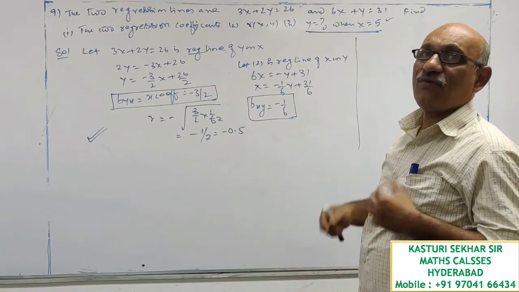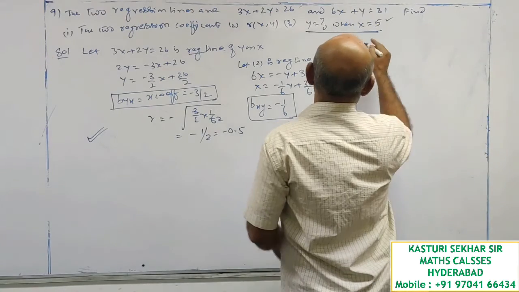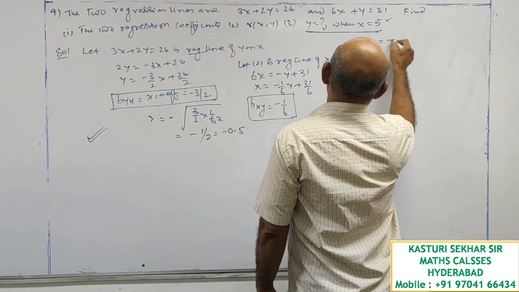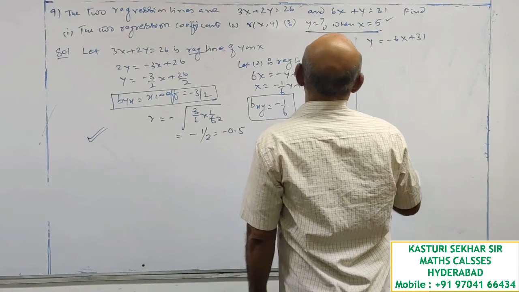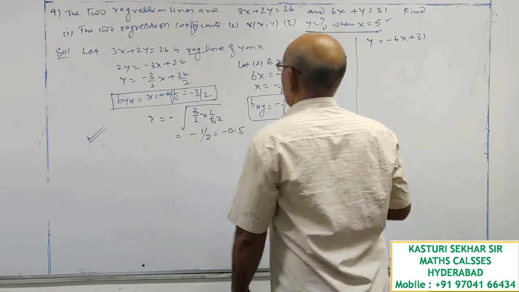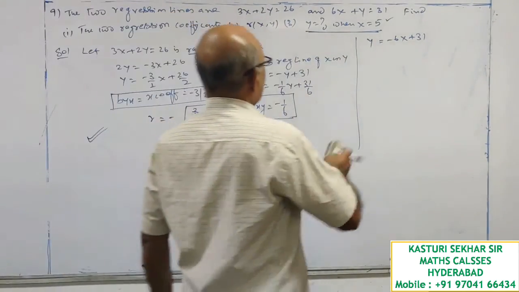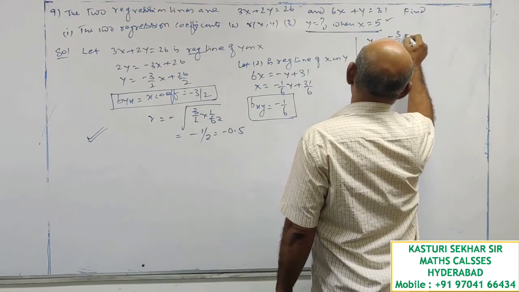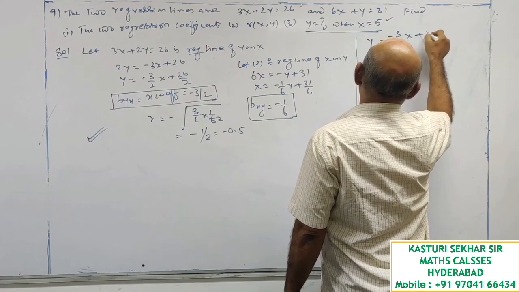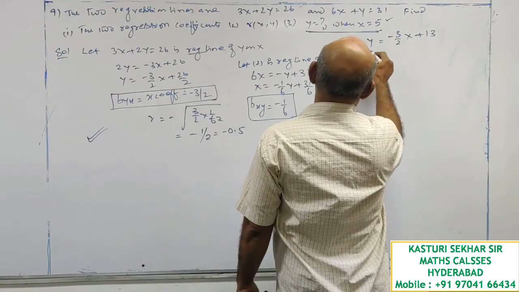For a given value of x. So y is equal to minus 6x plus 31. Sorry, I have to consider y on x. Y on x is the first line. Y is equal to minus 3 by 2 into x plus 13, 26 by 2 means 13.